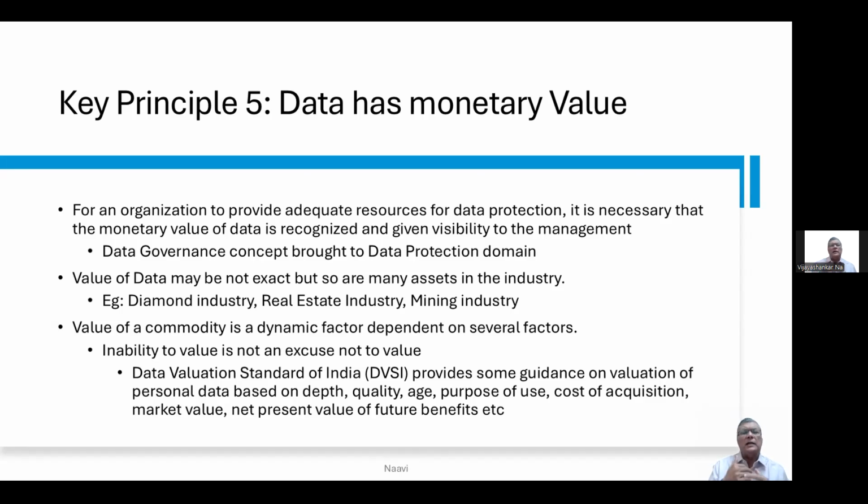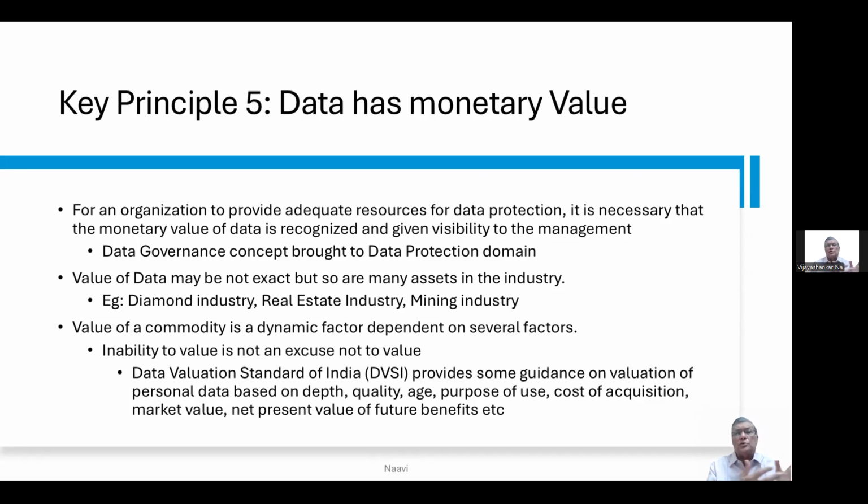AI learning should take into account a certain element of fading of the value of the data for the purpose of training, so that the algorithm model will give more weightage to the current behavior rather than a behavior which was exhibited by, let us say, an individual in a social media 10 years back.